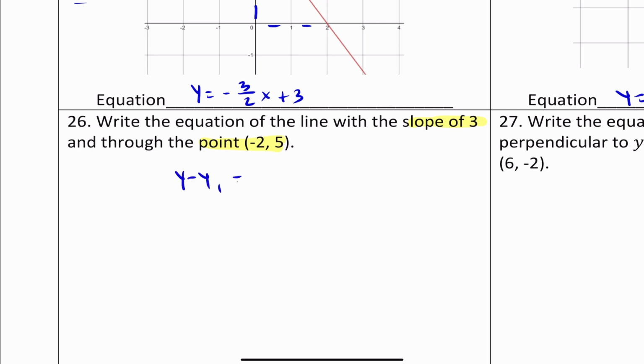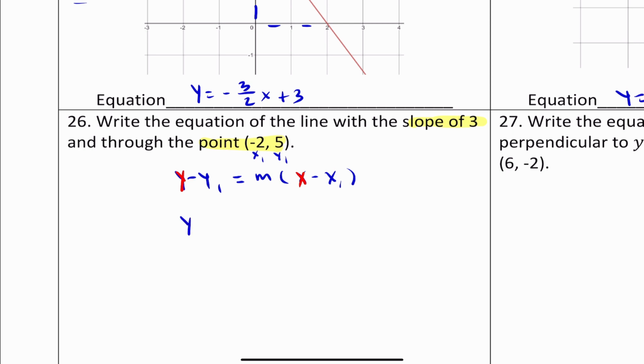And remember, you do not touch the y and you do not touch the x. The only things that you can replace are y1, m, and x1. So we can call this x1, y1.